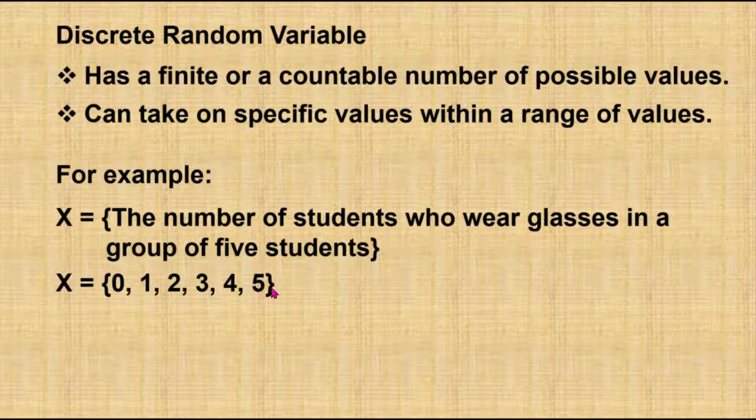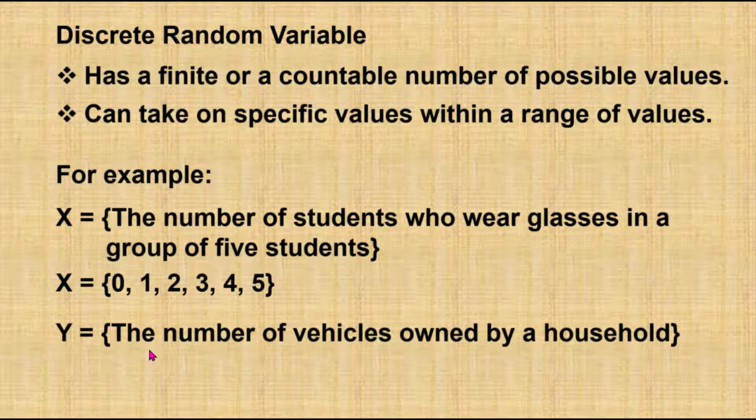For sure, x is not equal to 6 because there are only 5 students in the group. So x has a set of possible values from 0 to 5. X is not allowed to take 1.5, 2.2, and so on.